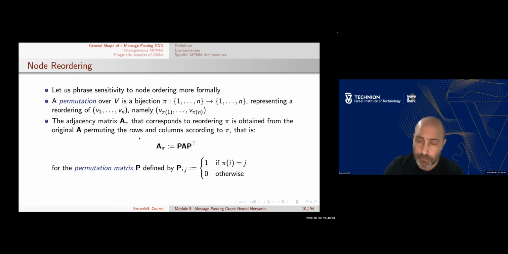When we permute the nodes of a graph and rename the vertices according to the permutation, we get the adjacency matrix A pi. To obtain A pi, we simply multiply by P from the left and then by P transpose from the right. The left multiplication reorders the rows, and the right multiplication, P transpose, reorders the columns. So we get the new representation.